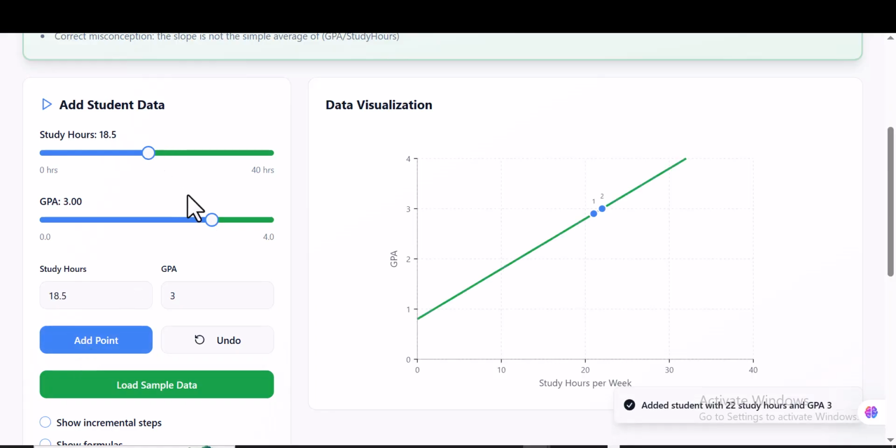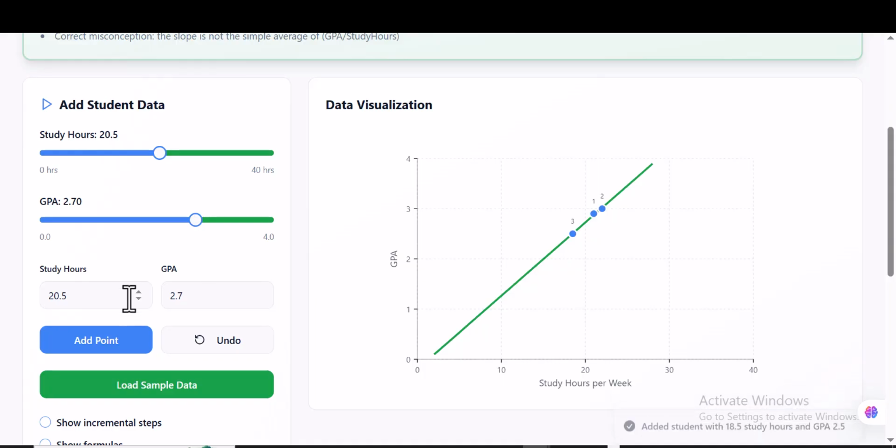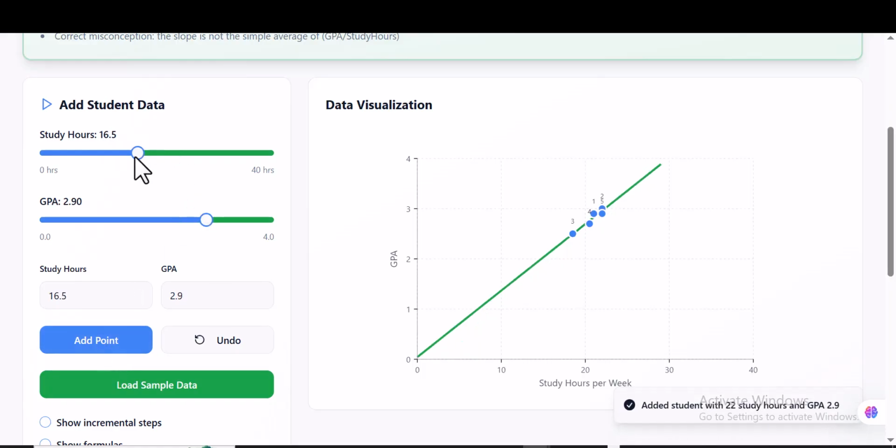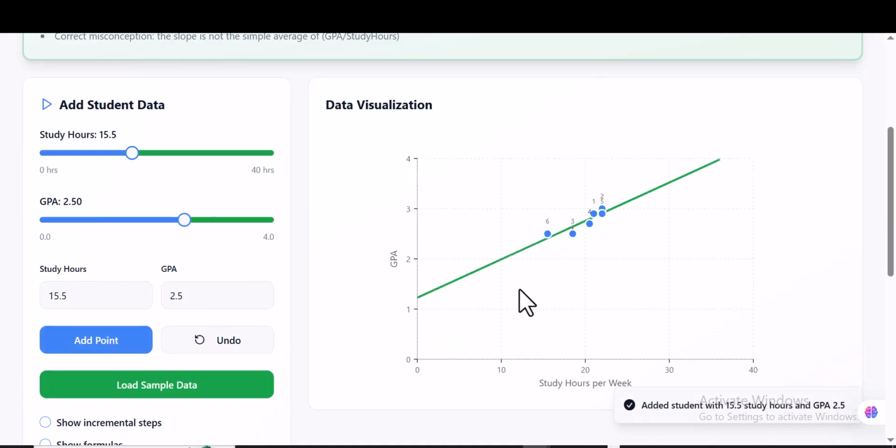So you can see we are just mentioning the study hours and GPA. And in this case, I'm taking six observations. Here you can see these are the actual observations and this is the regression line.